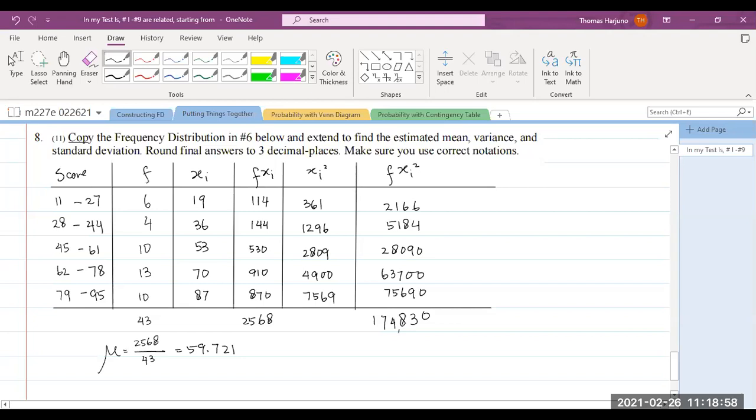Let me check with my calculator, just in case I make a mistake. Yep, that's what I get also on the calculator. So the population variance will be the population size times the sum of f x squared minus the sum of f x being squared, over 43 squared, because this is population variance.